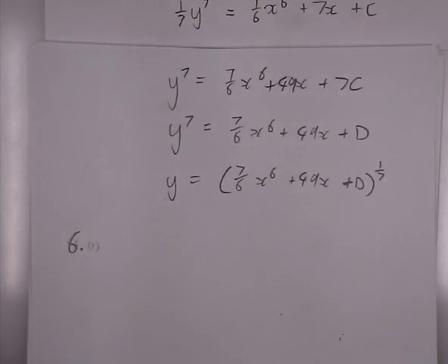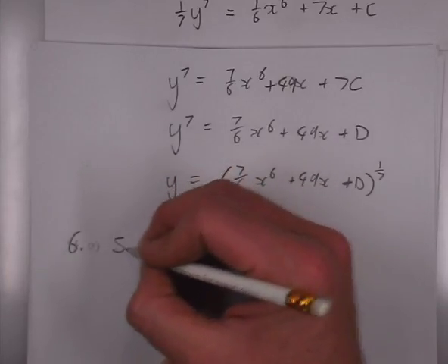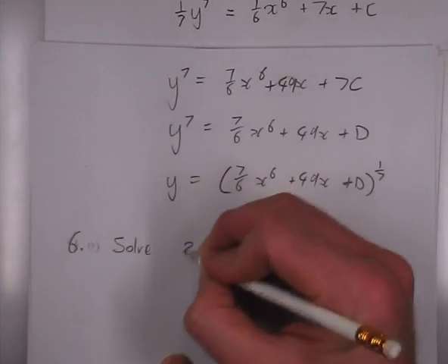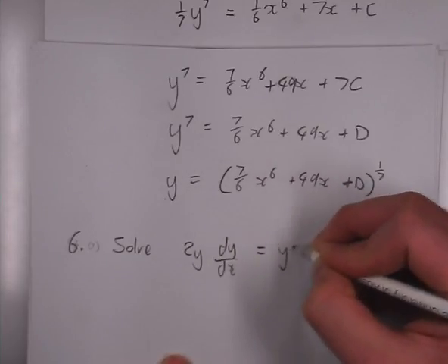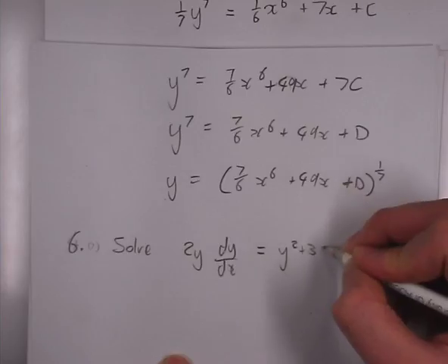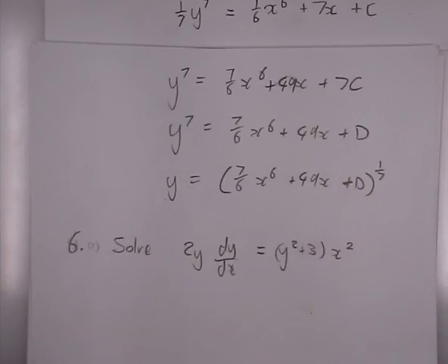And I'm really hoping that this next one will give me a chance to show something. Oh, and also, sometimes there's a plus c, but sometimes you've got extra information that will tell you what that c is.